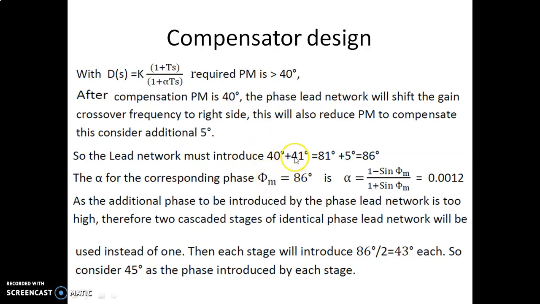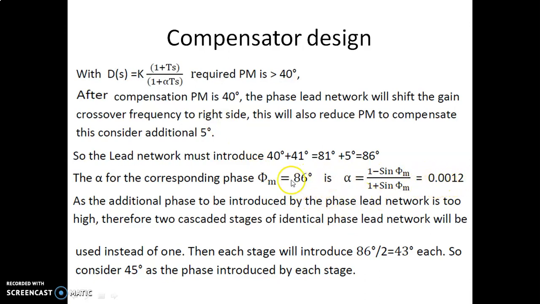We need to overcome that, so it comes out to be overall 81 degrees to be given by the compensator, and let us give another 5 degrees due to the compensator here itself, so it comes out to be 86 degrees in total. To realize 86 degrees from a phase lead network, the value of alpha comes out to be 0.0012, which is very small.